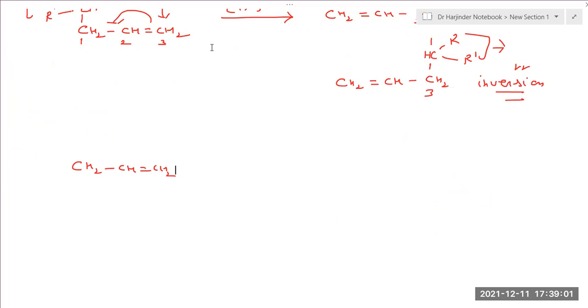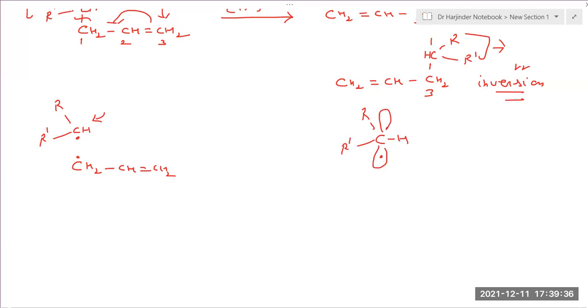So again here, the bond between this allylic carbon and this carbon will break and this group will migrate as a radical to this position. So again, you have two species: one is the allylic radical and the second one is this carbon radical. Now, if you have a carbon radical, what is the structure of this carbon? It will have this kind of structure, an sp2 hybridized atomic orbital, with the hydrogen orbital having the same positive sign.